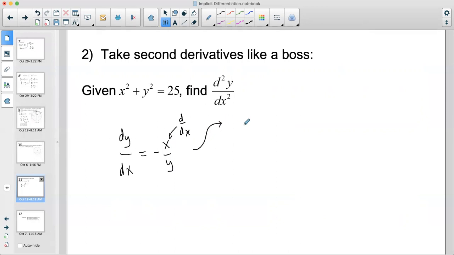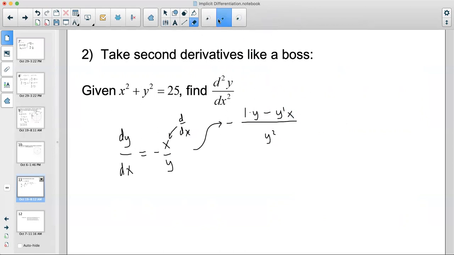The quotient rule says derivative of the top. The negative just comes along for the ride, so I'll put it out front. So negative, and then the derivative of the top is 1 times y, minus the derivative of the bottom, which is y prime, times the top, all over the bottom squared, that's y squared.